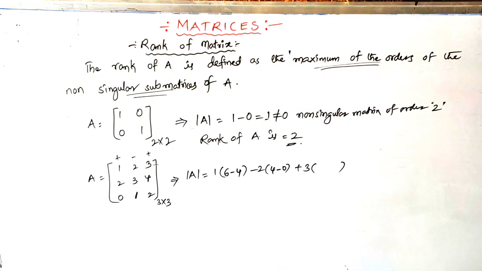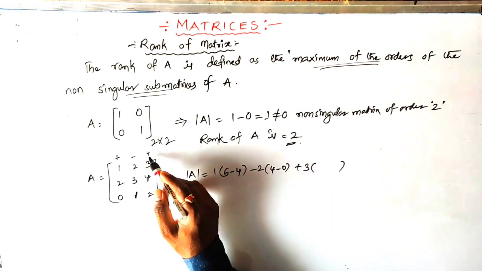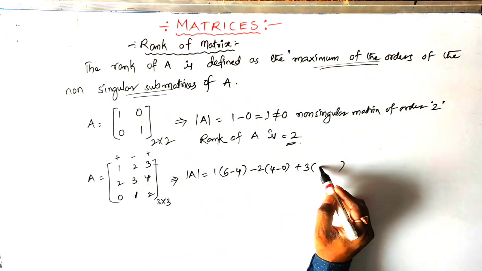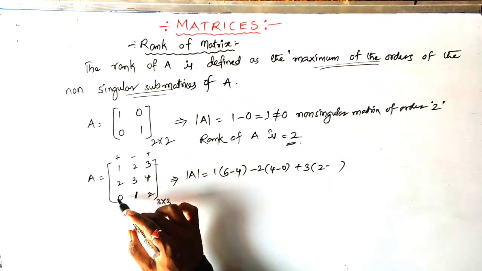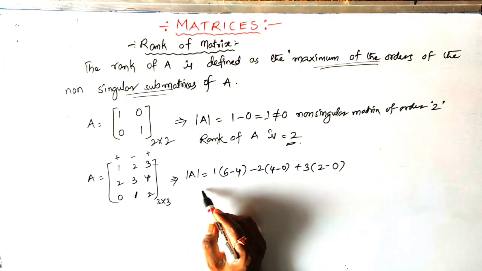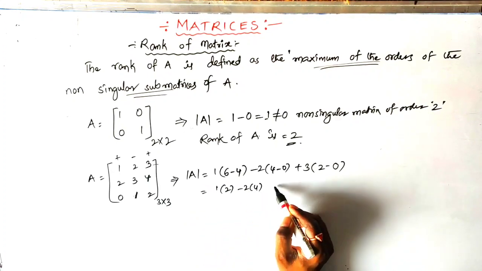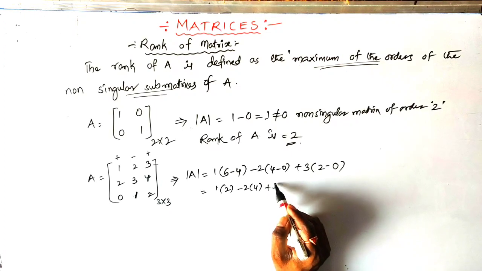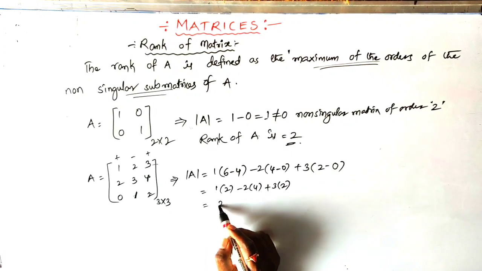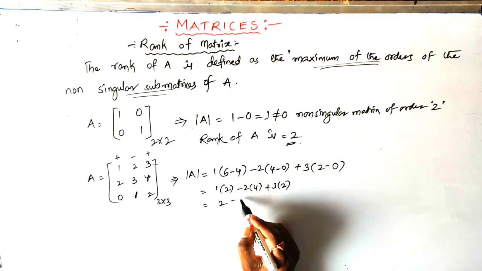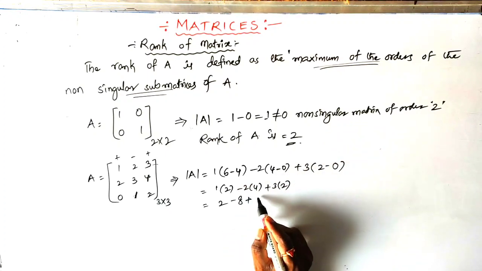Now the third one. 3 is in the first row, third column. Except that row and column, we get 2 into 1 is 2, minus 3 into 0 is 0. So 1 into 6 minus 4 is 2, minus 2 into 4, plus 3 into 2. So that is 2 minus 8 plus 3 into 2, which is 6.